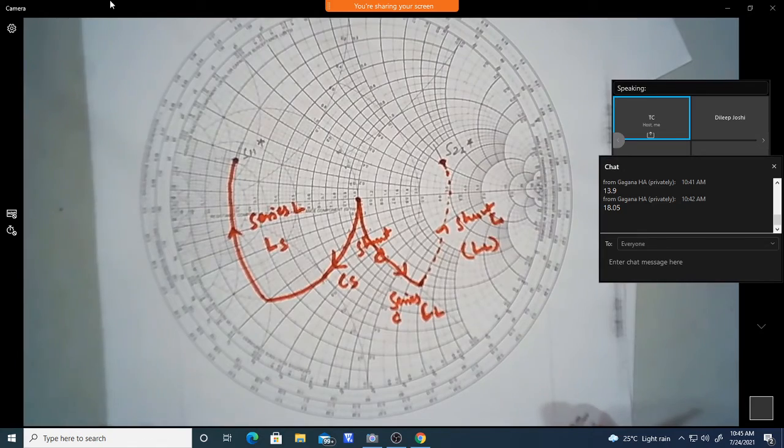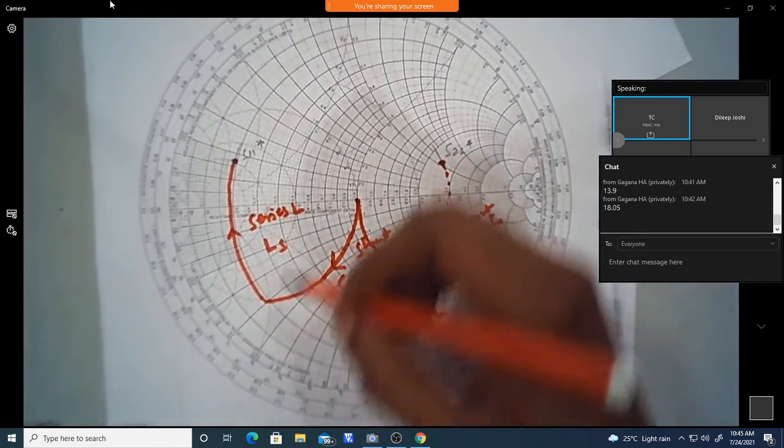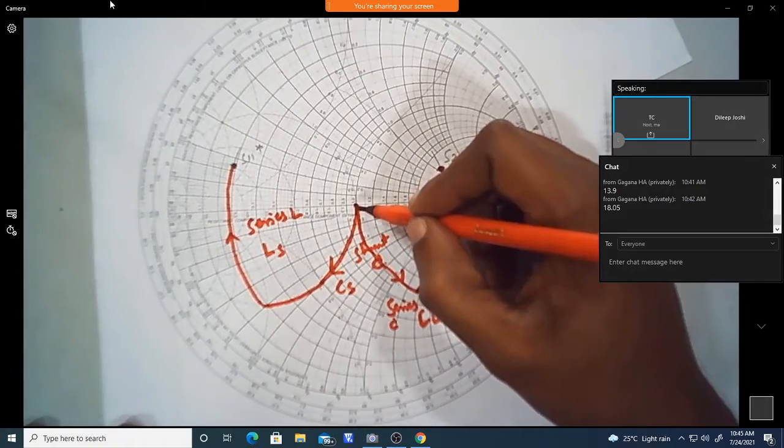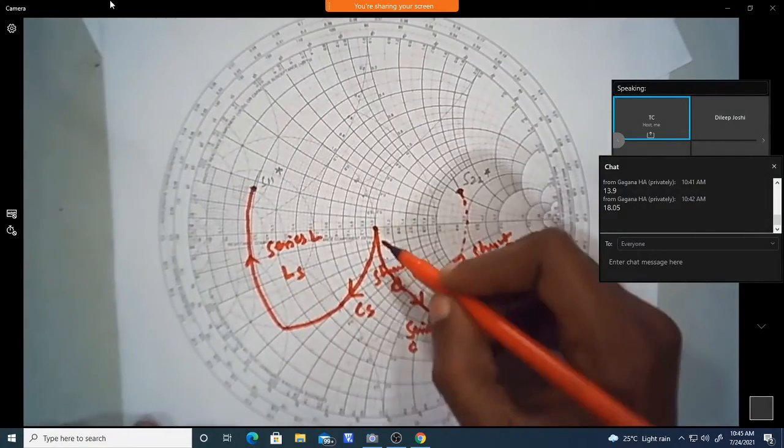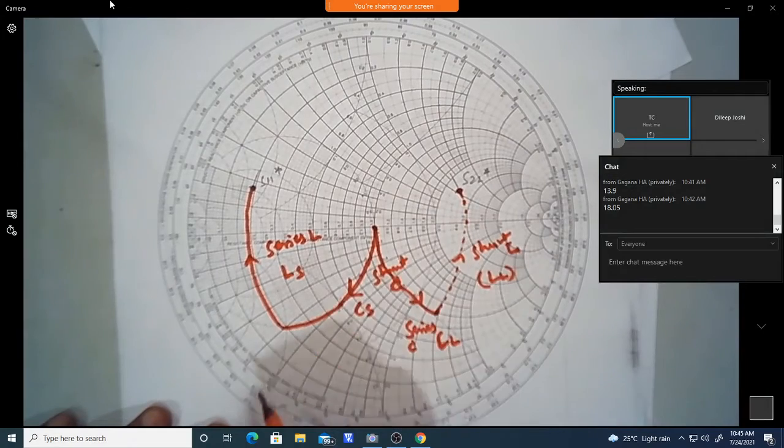Try to find out. Now you can see the CS value, which is offering the susceptance value, till this point.